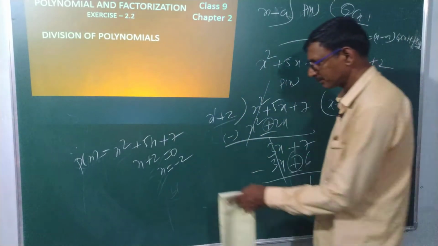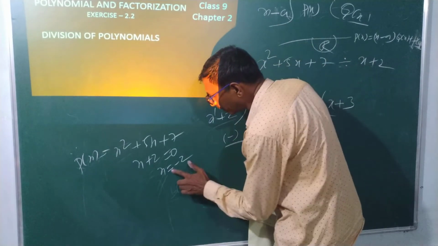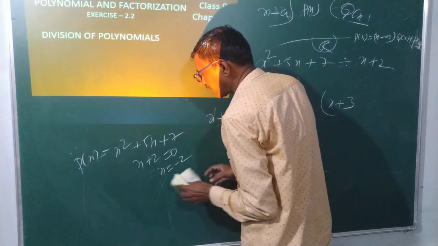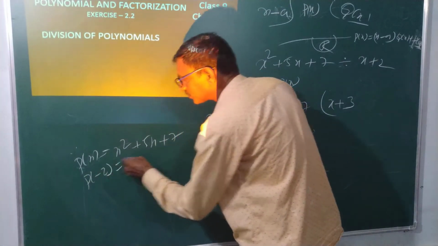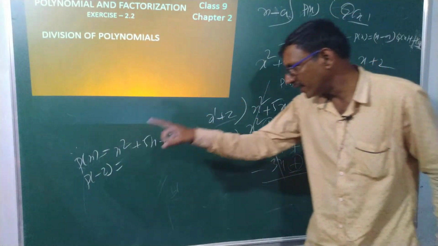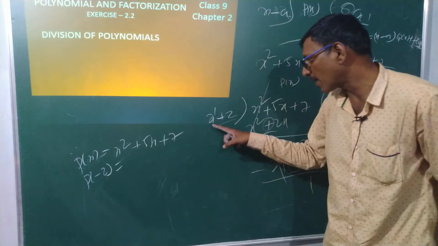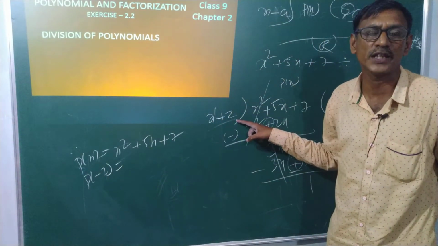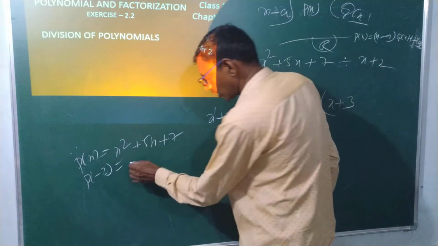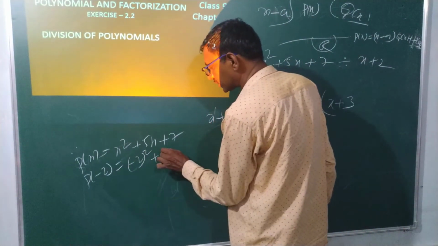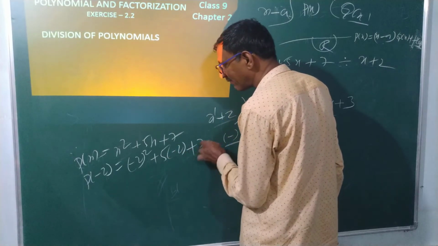Can I take minus 2 here, keep in mind. I would like to take p of minus 2. Minus 2 is the zero of the polynomial x plus 2. It is my linear polynomial, keep in mind. Minus 2 whole square plus 5 into minus 2 plus 7.